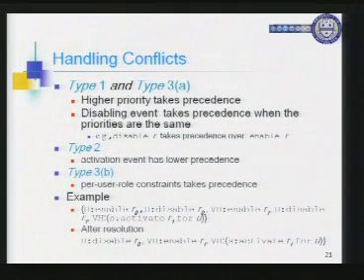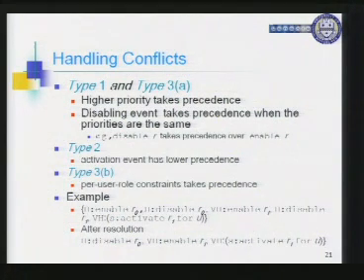So as I already mentioned, type 1 conflicts we simply resolve by using the priority-takes-precedence rule, and if we have the same priority on the opposing events, we do the disabling event takes precedence. For type 2, the activation event has lower precedence.